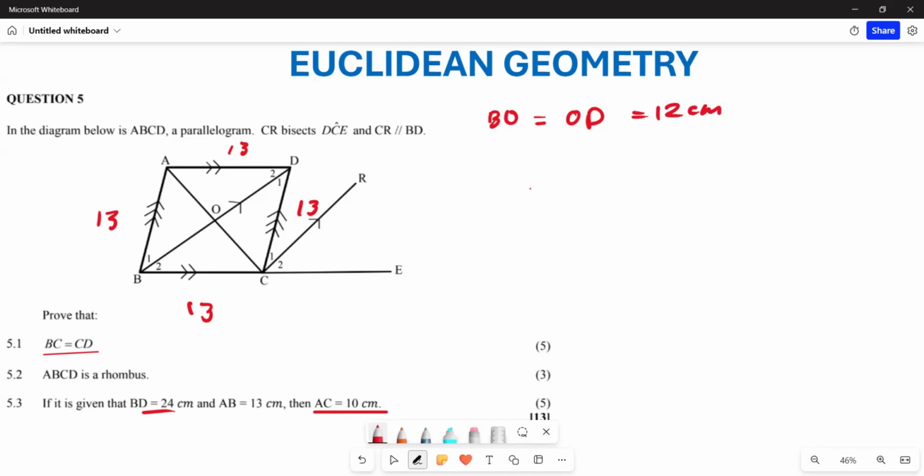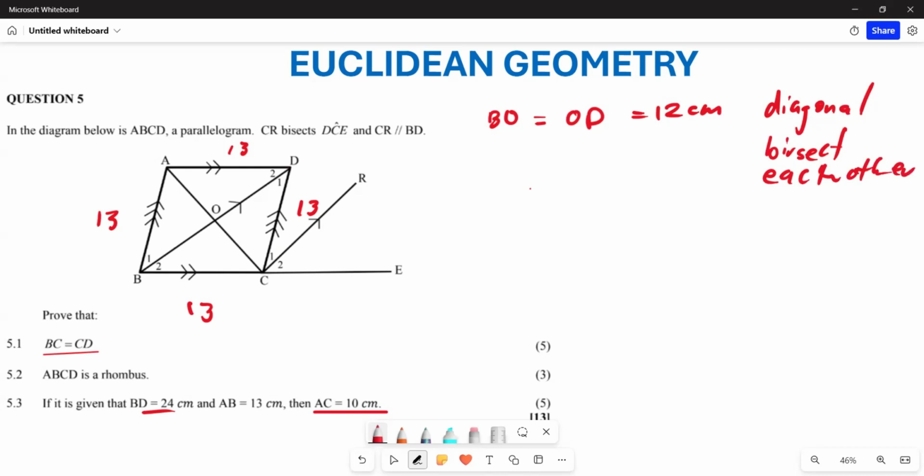This is going to be the reason because you know that the diagonals of your rhombus bisect each other, right? So that's the reason why these are going to be equal.